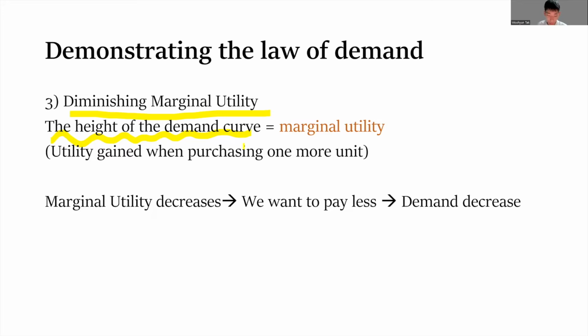Let's take an example of Coke. You'd feel like you're in heaven when drinking the first can, but you will have less joy and rather feel full when you drink two or three more cans of Coke. Then you would not want to pay as much as the first can, and therefore finally demand decreases.